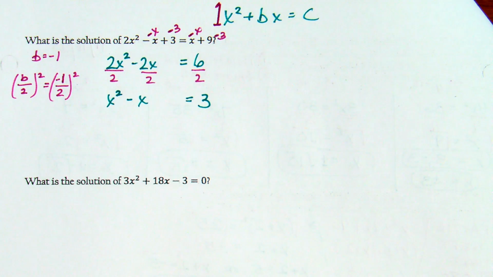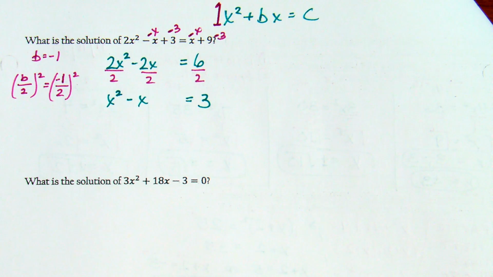Negative 1/2. Squared, negative 1/2 times negative 1/2 is negative 1 times negative 1 over 2 times 2, positive 1/4. Because when you multiply a fraction by itself, it's 1 times 1 over 2 times 2. So 1/4.